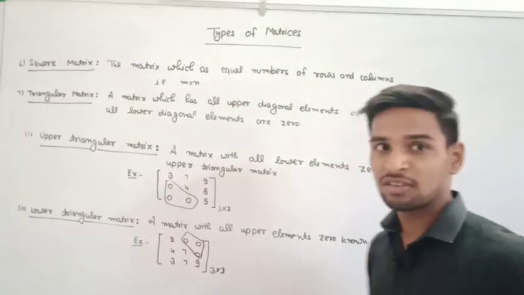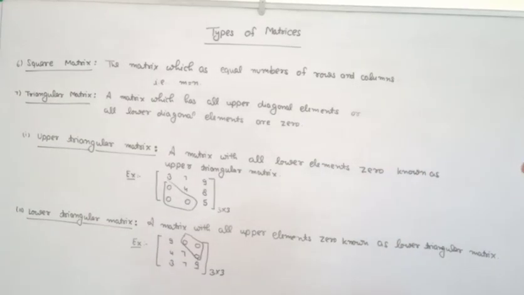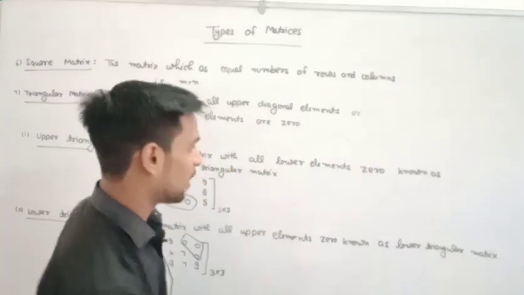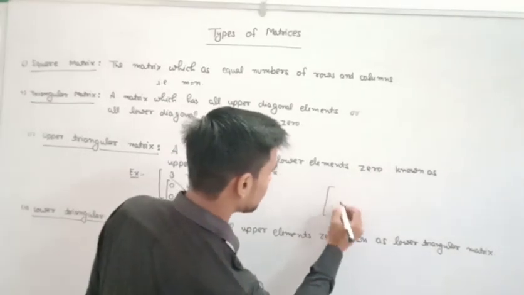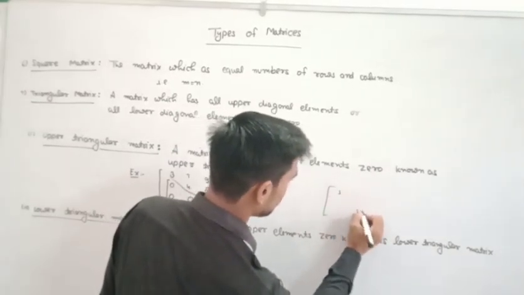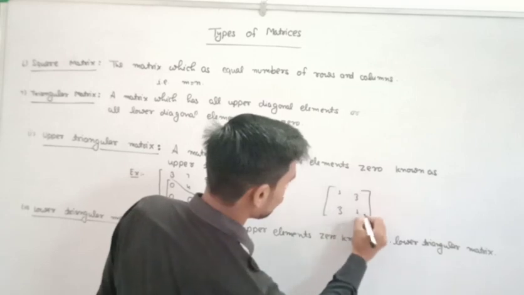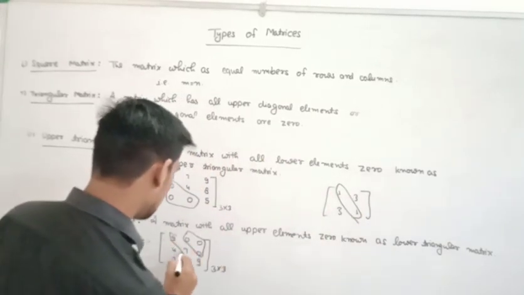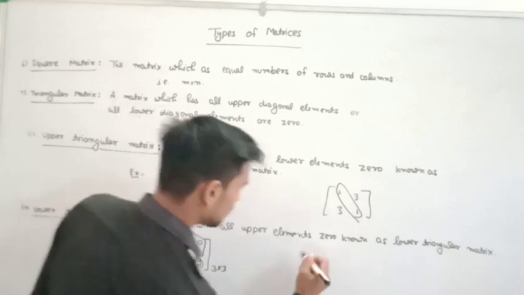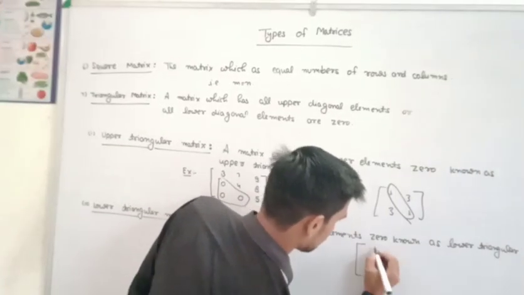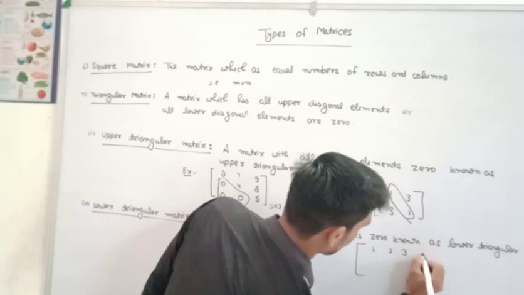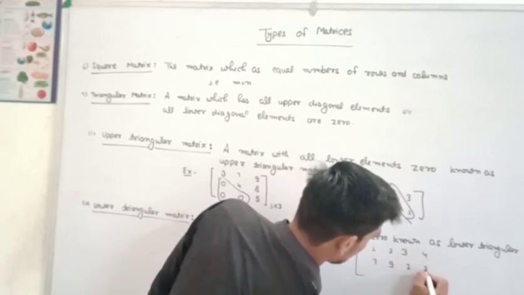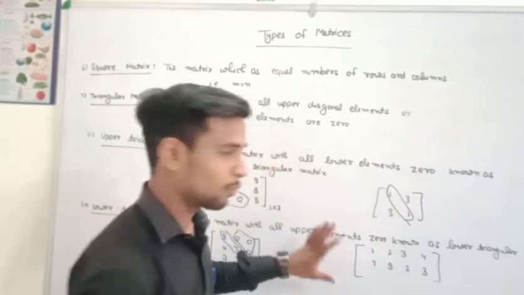Next, sometimes the question comes up: what is the diagonal of the matrix? Just take this example, 1 1 3 3. We know that this is the diagonal. But in such a type of matrix, 1 2 3 4 9 7 9 2 3, what is the diagonal?